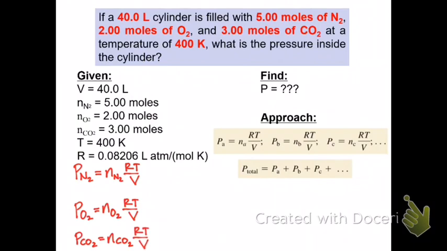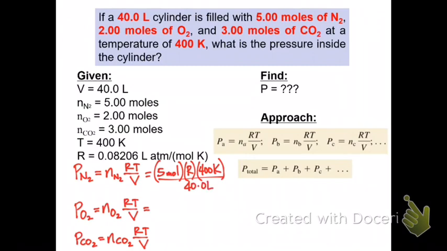All right, so all you have to do now is plug in the numbers. We know the number of moles of nitrogen gas, which is 5 moles. So that's 5 moles times the ideal gas constant, I'm just going to leave it as R here, times the temperature of 400 kelvins divided by the volume, which is 40 liters.